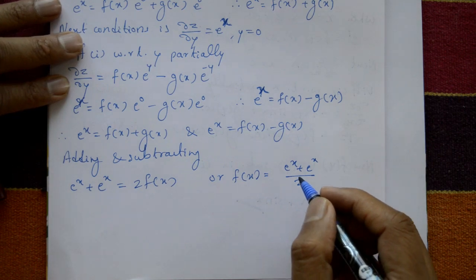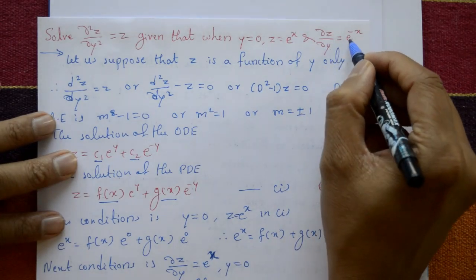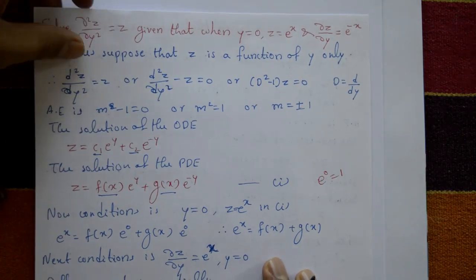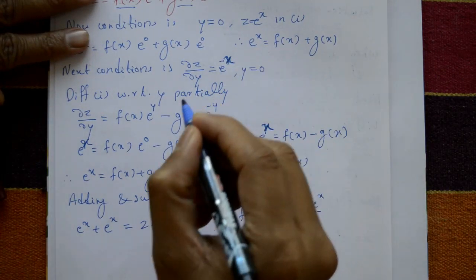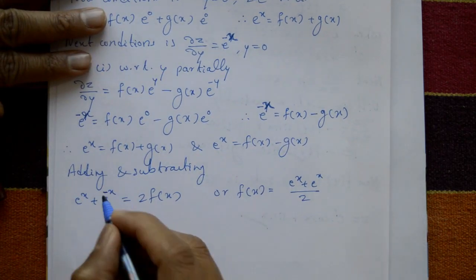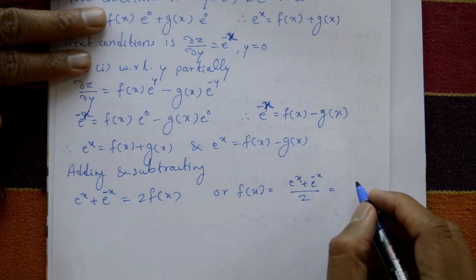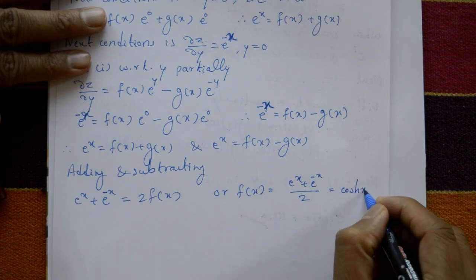Sorry, the condition is ∂z/∂y = e^(-x); this is a minus sign. So f(x) = (e^x + e^(-x))/2, which is a hyperbolic function, cosh x.